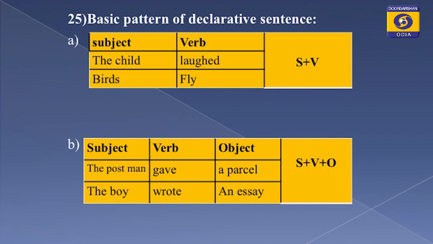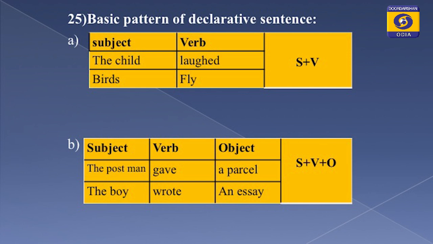The first structure is a subject plus a verb structure. The child laughed, birds fly. Here 2 examples have been given for you. The child is the subject, laughed is the verb, birds is the subject, fly is the verb. So these 2 examples are from declarative sentences.